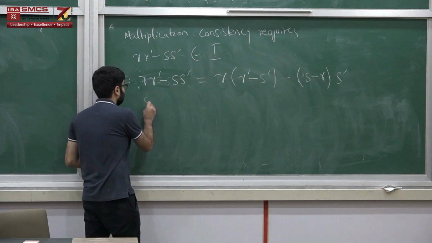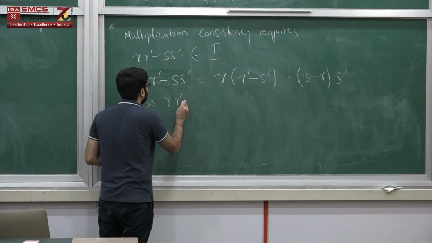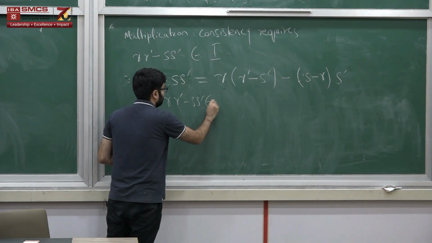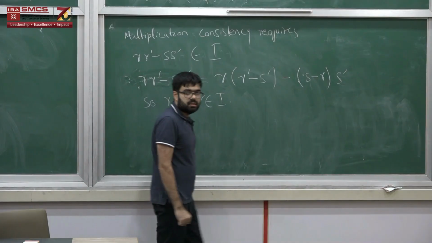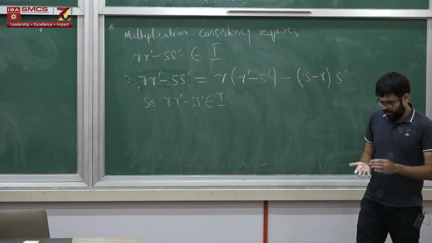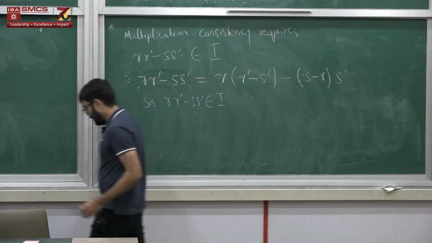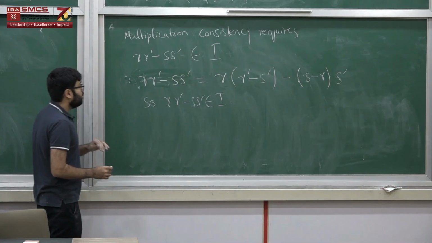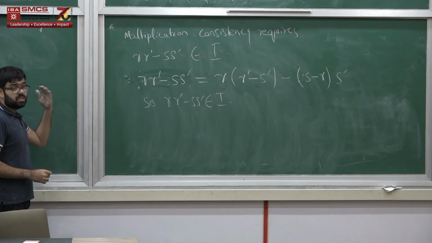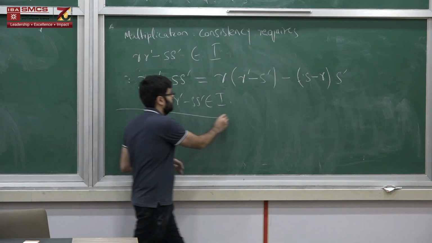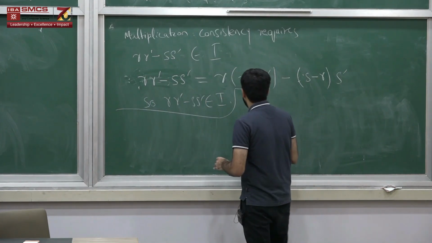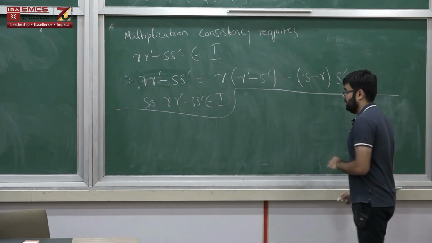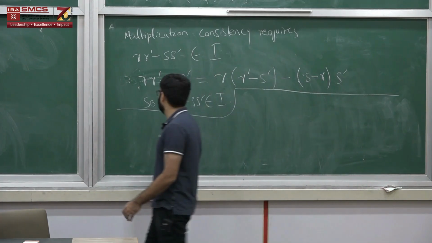So R R prime minus S S prime is in this ideal. And now we have some notion of rings which look like Z mod n.